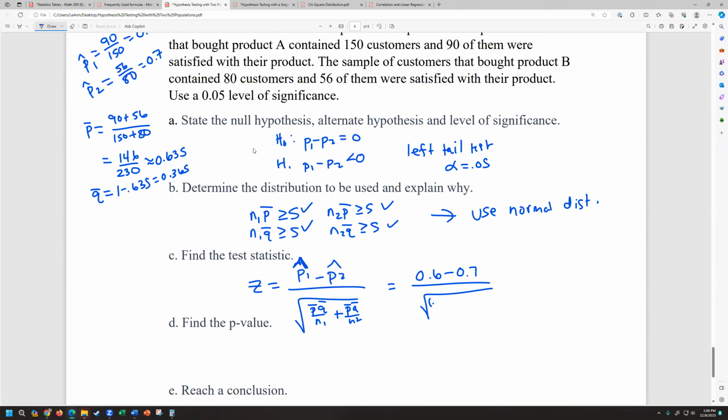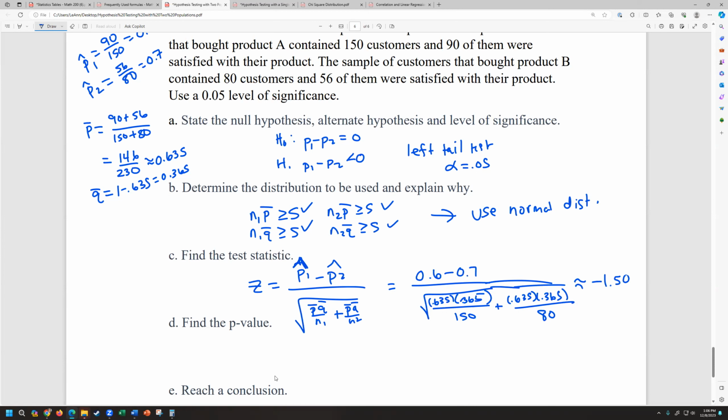And then on the bottom, these are a little nasty because I did go to 3 decimal places, but that's kind of the standard, unless they come out nicely. So we have 0.635 times 0.365 all over my first sample, which was 150, plus 0.635 times 0.365, because remember, that's our estimate for our population of success, over the 80. This one is a little harder to type into a calculator. Just to save time, I'm going to give you what I got for this.